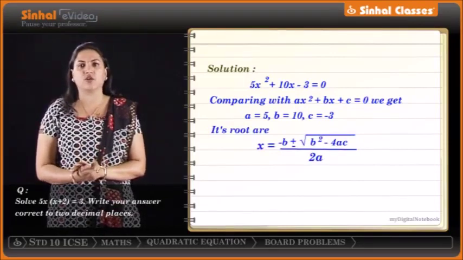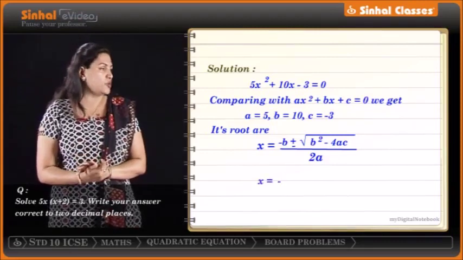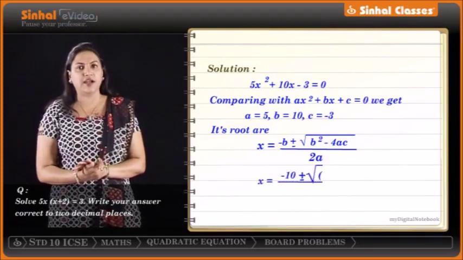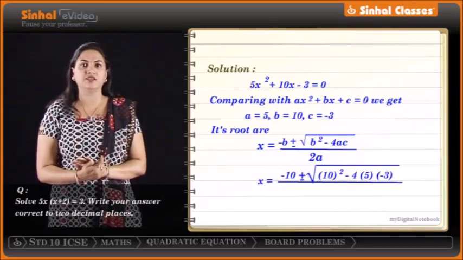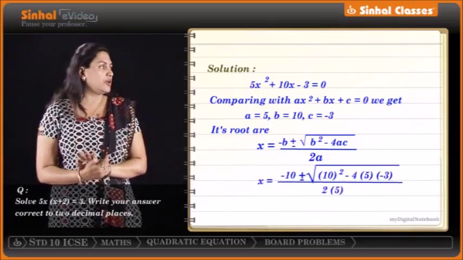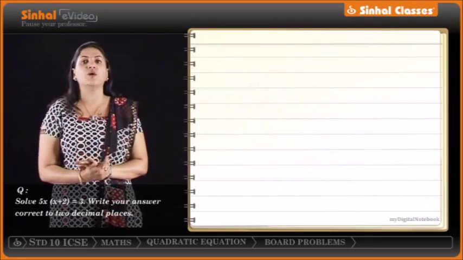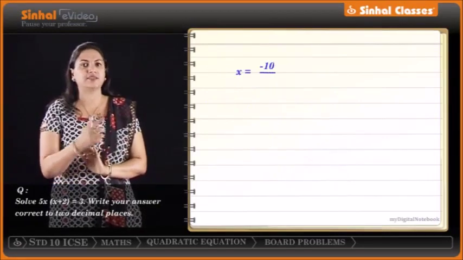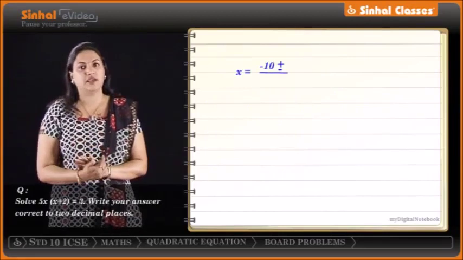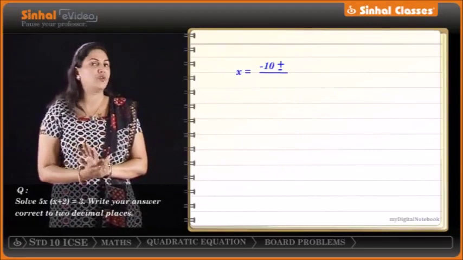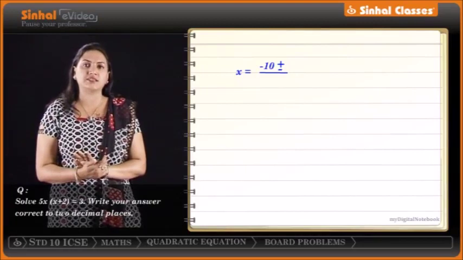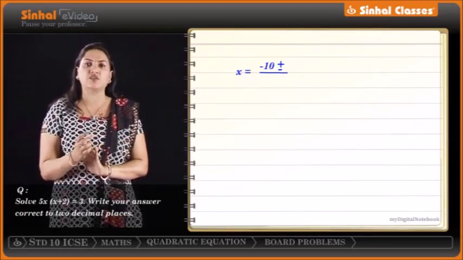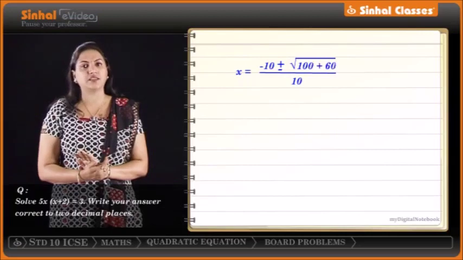We substitute the values of a, b and c in this formula to get x is equal to minus 10 plus or minus root 10 square minus 4 into 5 into minus 3 upon 2 into 5, which is equal to minus 10 plus or minus, in the root we have 10 square is 100 and minus 4 into 5, minus 20 into minus 3 gives us plus 60. So in the root we have 100 plus 60, which is 160.